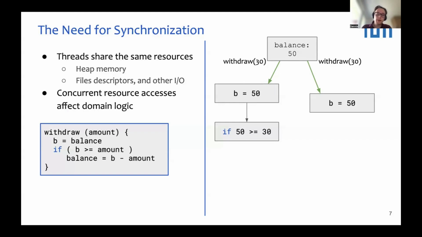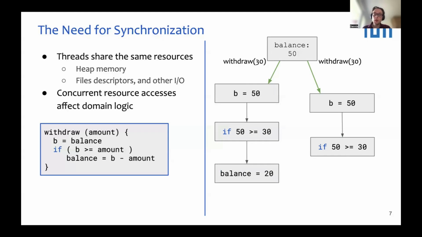Then on the left thread again, we see that 50 is at least the 30 that we want to withdraw, and it is. On the right thread, we do the same because it has its own local variable b to do this check against, and neither of them has updated the central global balance yet. Then on the left, we succeed. We withdraw the 30 euros, so we set the balance to 20. And on the right thread, we do the same. We also set the balance to 20.